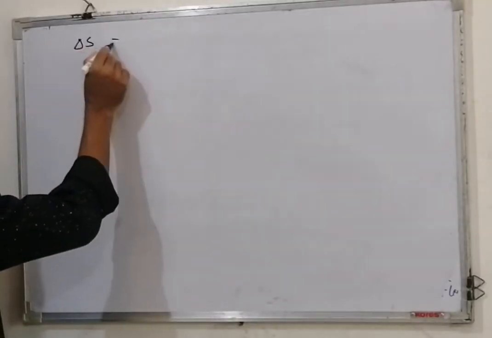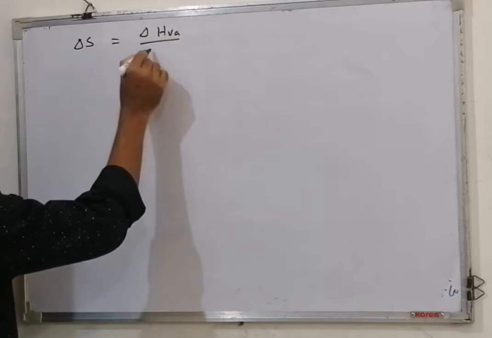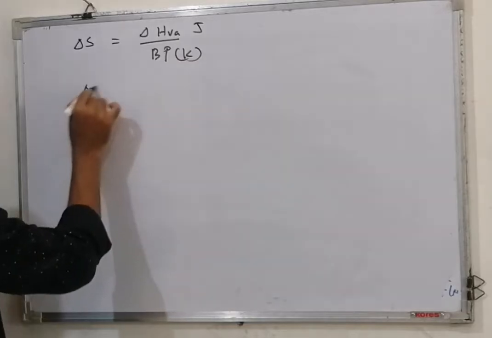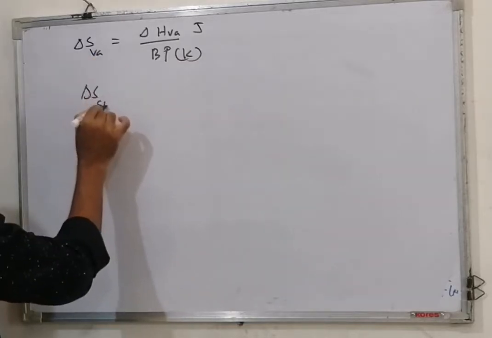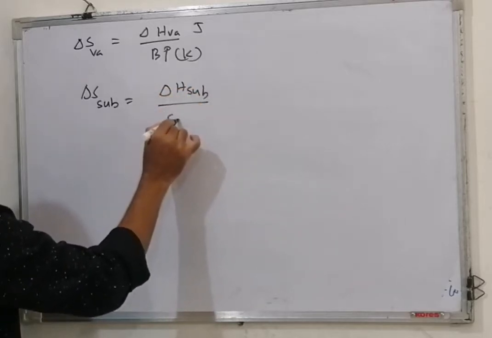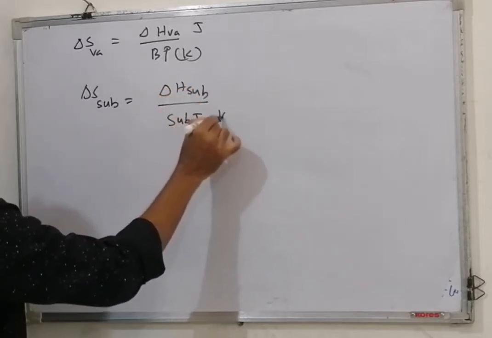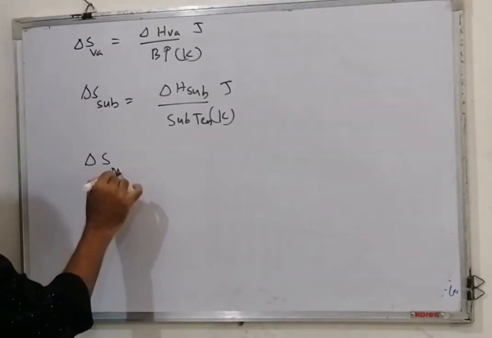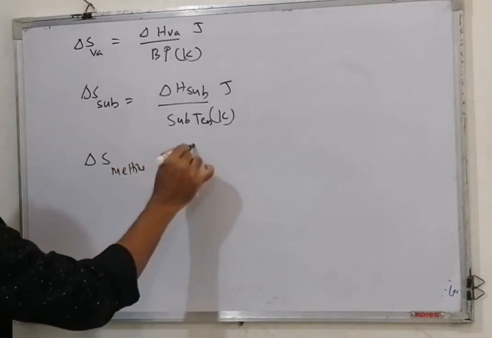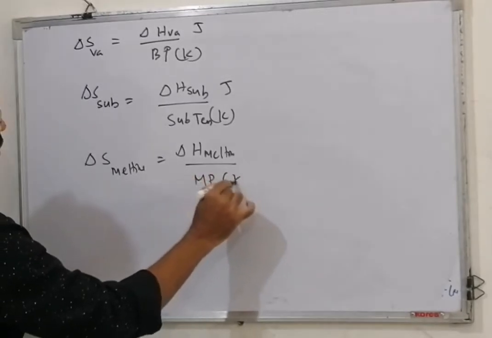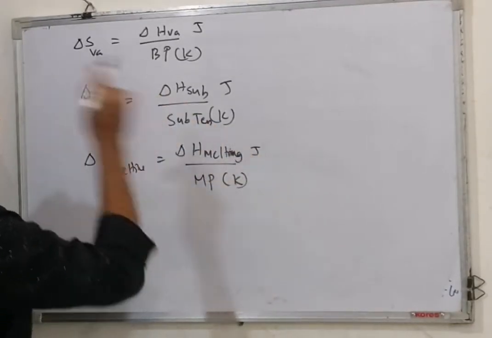These are our equations. Sublimation: delta H sublimation divided by sublimation temperature in Kelvin, Joule. Delta S melting: delta H melting divided by melting point in Kelvin, Joule.